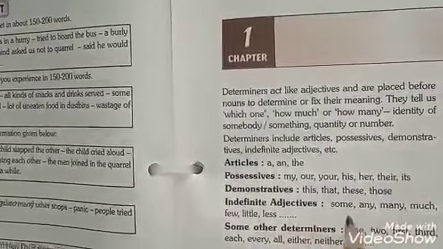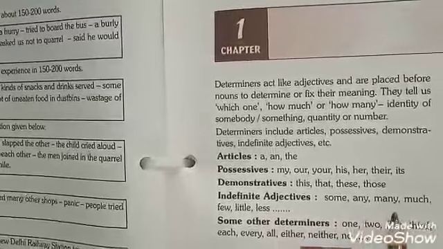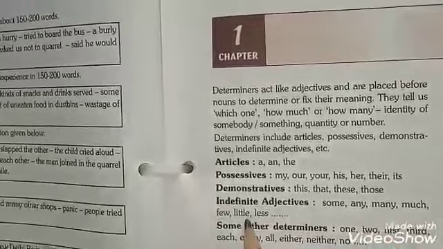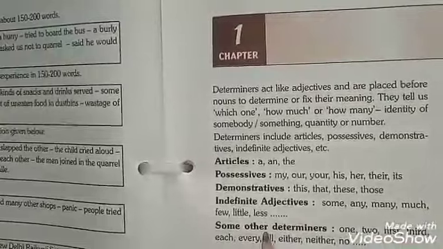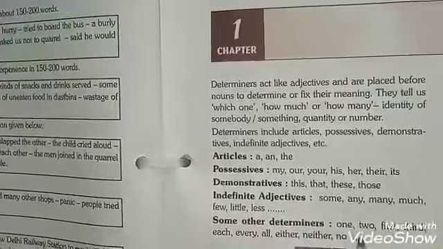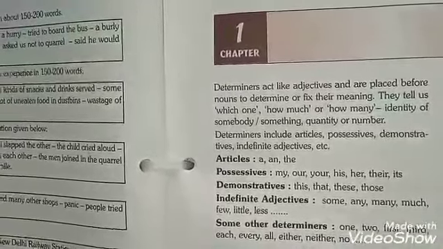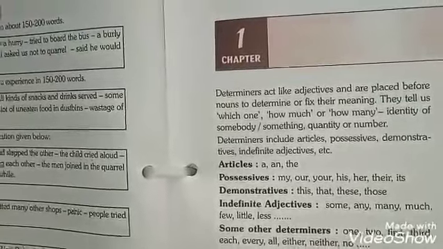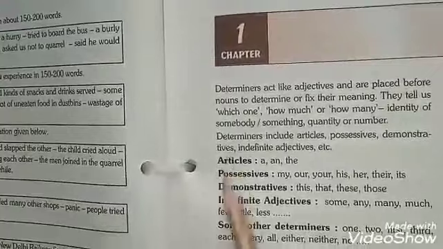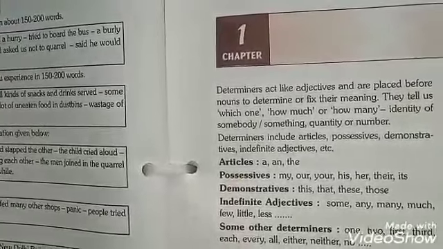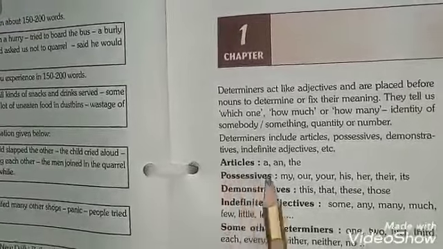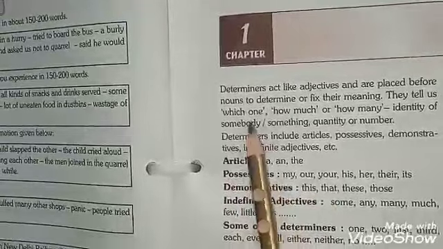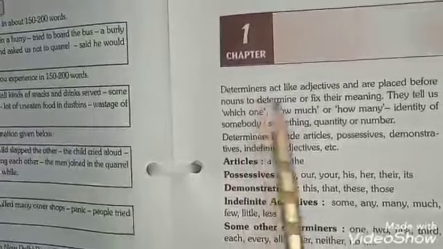Indefinite adjectives: some, any, many, much, few, little, less, and some other determiners: one, two, first, third, each, every, all, either and neither. So these are the components, and it is very clear that articles play a major role in framing the family of determiners.